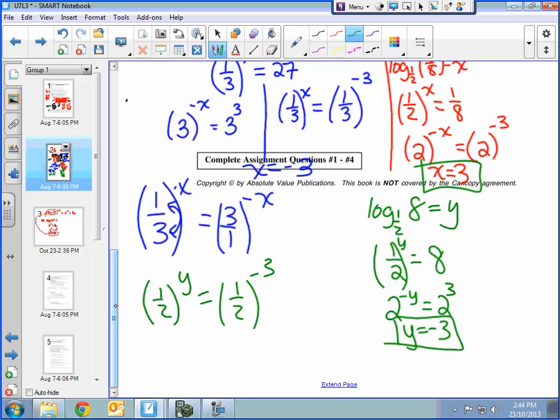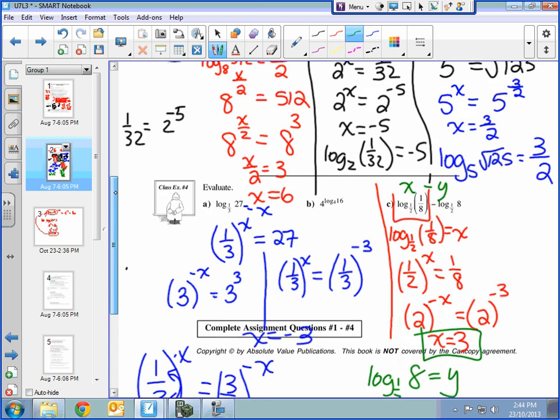Did all of you get x equals 3 and y equals negative 3? Look back up here.